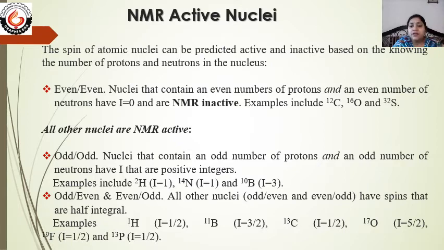In general, the nuclei which have a half-integer value are best to use in NMR. The most common NMR techniques are 1H NMR and 13C NMR. NMR basically shows how many different types of hydrogens or carbons are present, depending on the type of NMR.